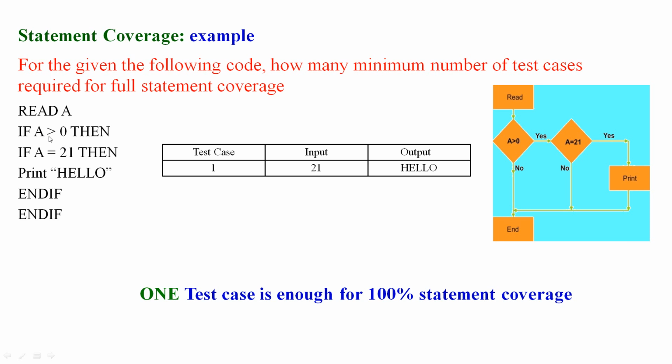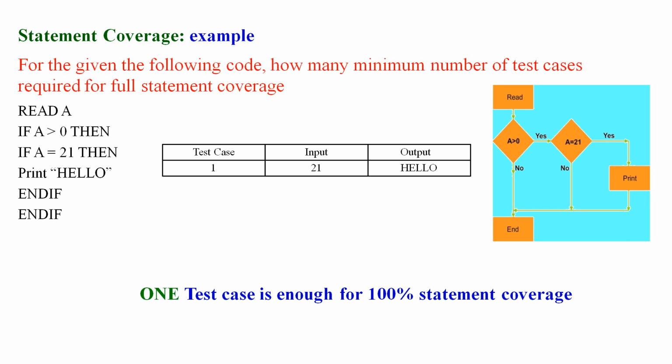It will compare whether 21 is greater than 0 or not. Yes, it is true. Then if A is equal to 21, 21 is equal to 21. Yes, this is also true. Then print hello and end if. That means by assigning the value 21 to the variable A, all these statements got executed with a single input.